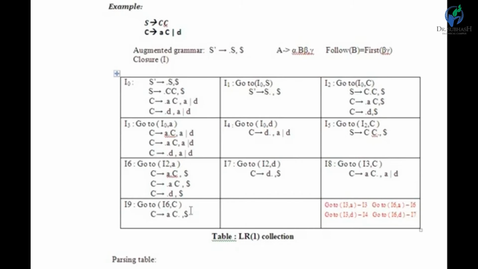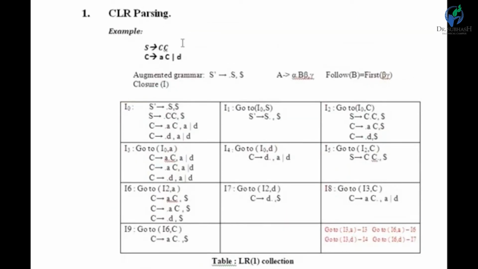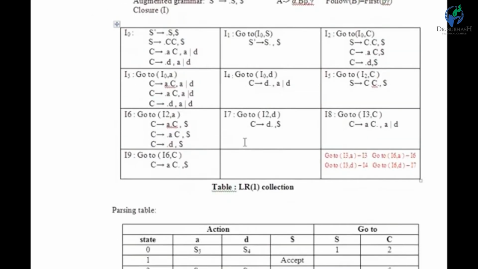In a parsing table you have two parts, Action and GoTo. In Action you have to write the state number, the input symbols and the dollar sign, and in the GoTo section you have to write the non-terminals of the given grammar. According to this grammar you have two input symbols, A and D, and another is dollar.